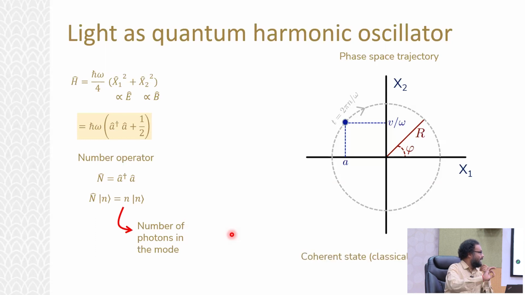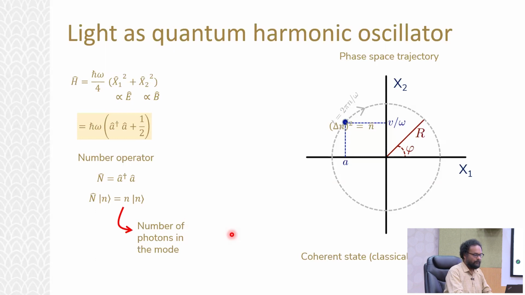And for a classical coherent state, where there is no quantum mechanics, no Heisenberg uncertainty, there is no uncertainty in x1 and x2. In fact, the uncertainty in x1 and x2 is 0, which means it is very deterministic. You know exactly what the position and momentum of your harmonic oscillator are. Agreed?